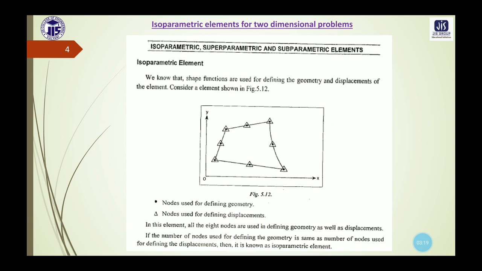Now in this isoparametric element, which you can see in figure 5.12, the nodes used for defining geometry are represented with a black dot, and the triangular notation is used for defining displacements.